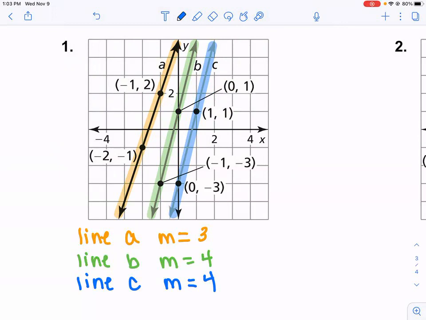Okay, so Gavin, do we have any lines that are parallel? So line B is parallel to line C. Okay. Maddie, why does Gavin say that line B and line C are parallel?